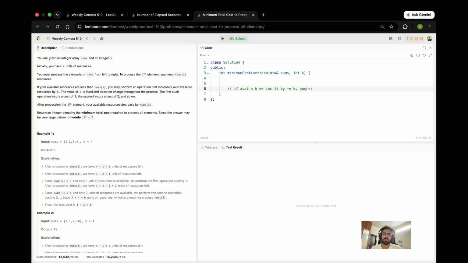Operations plus plus actually. The second incurs a cost of 2, and the final cost will be 1 plus 2 plus so on till operations.